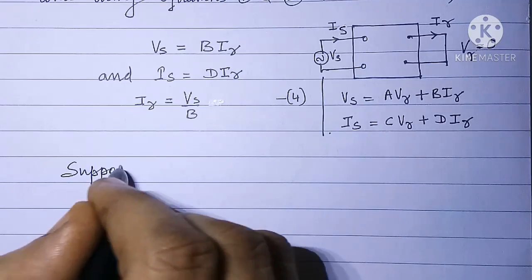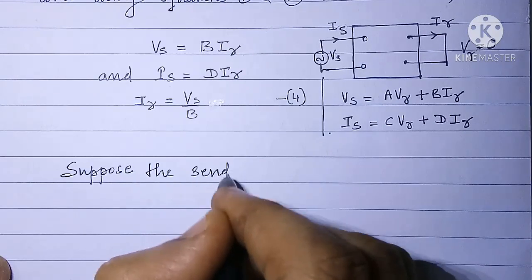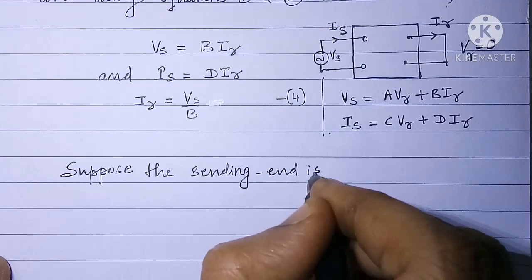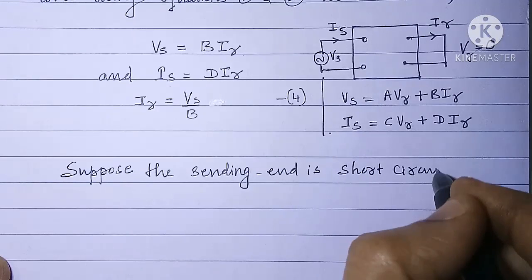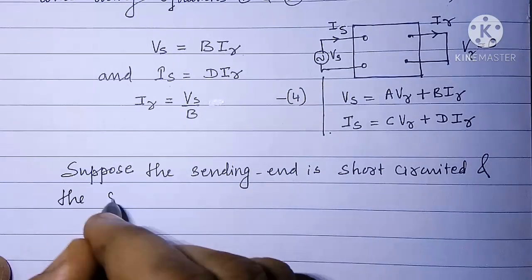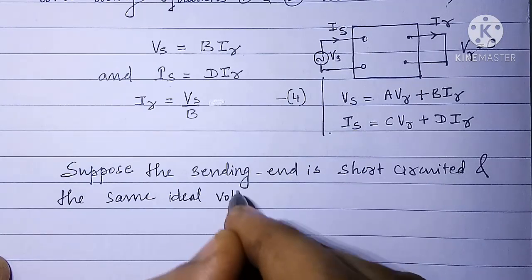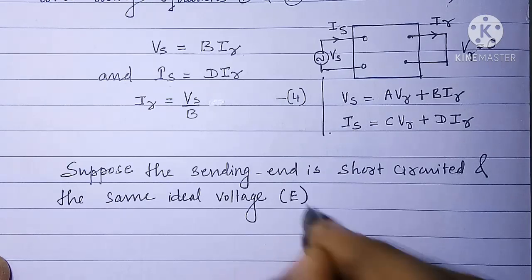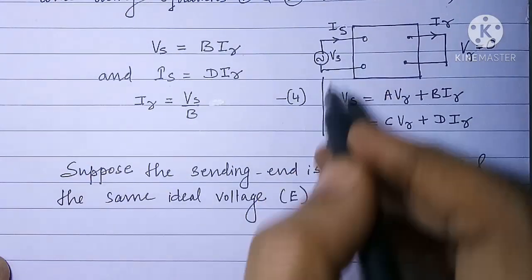Suppose the sending end is short circuited and the same ideal voltage E, it means Vs equal to E also.